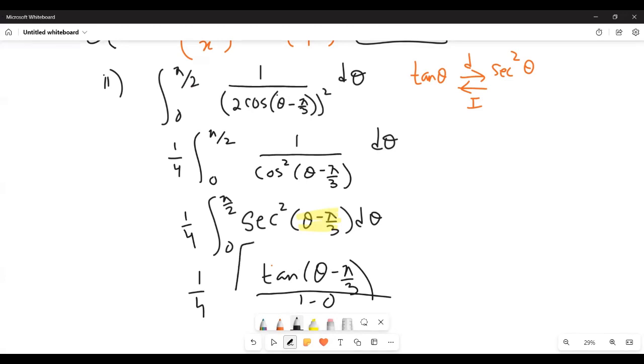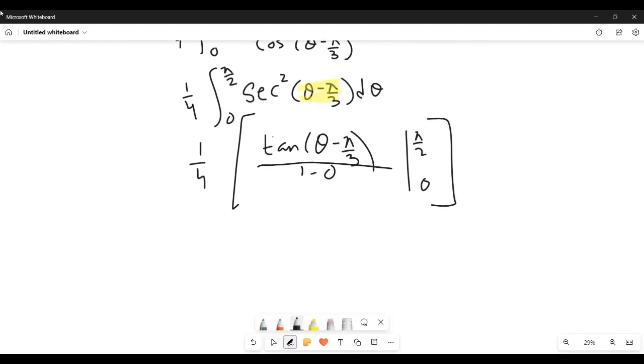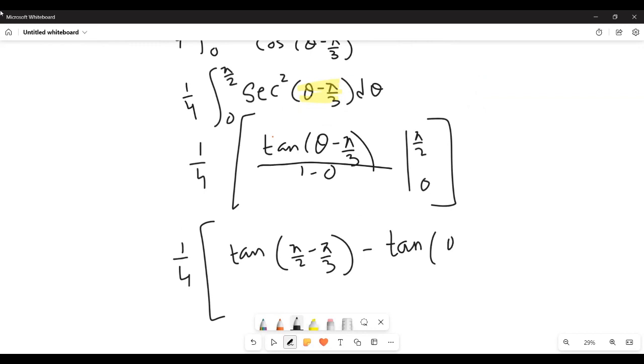There's 1 by 4 here, and now we integrate and substitute the limits. So we're getting 1/4 times tan(pi by 2 minus pi by 3) minus tan(0 minus pi by 3).